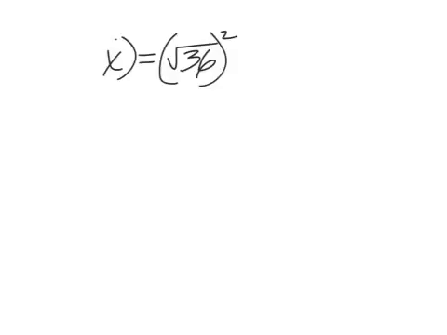So one of the things that we know is that if we have x equals the square root of 36, in order to get rid of that square root sign, we square both sides.